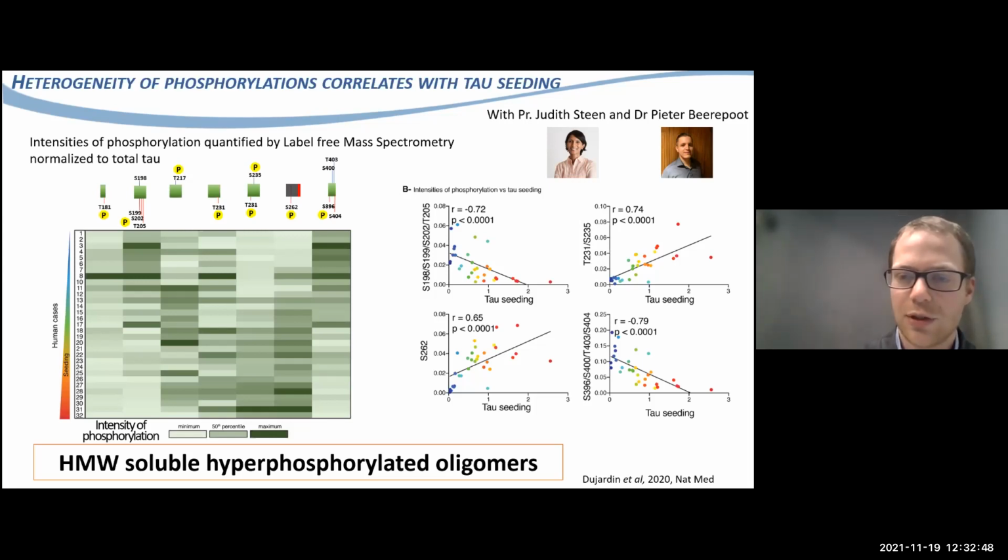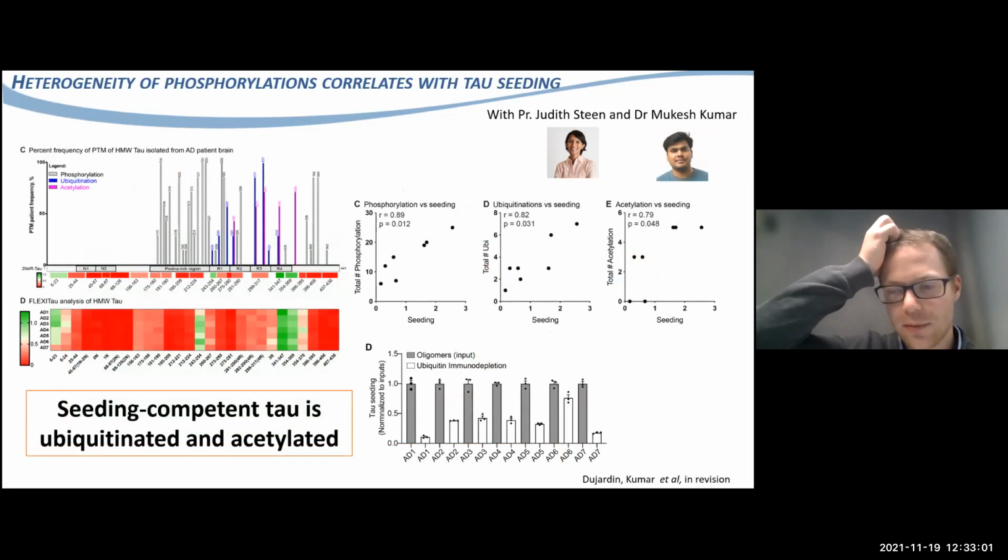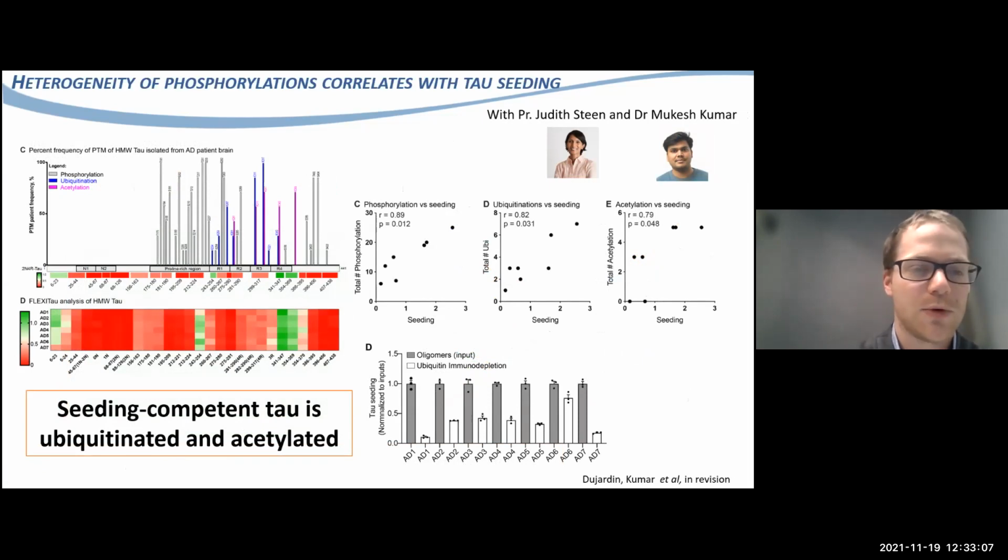I'm not going to enter into the details. Everything is published, so if you want to see, you can go. We continued this study a bit, and that's something that is in revision right now with Professor Dujardin, by doing a signature of all PTMs in addition to the phosphoepitopes.